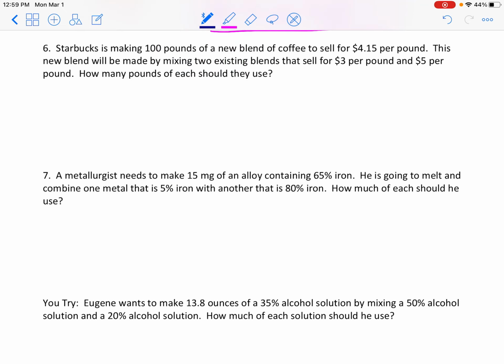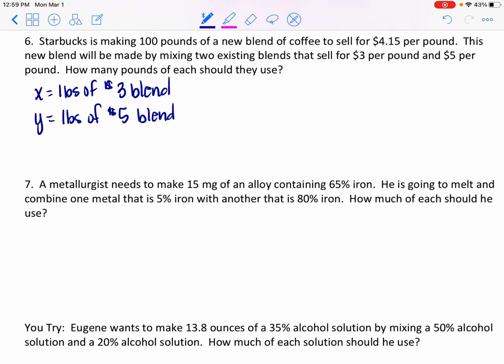I don't know. So let's say x is the amount of the $3 per pound, so this is pounds of the $3 blend. And then let's call y pounds of $5 blend. I don't know how much of the $3 blend. I don't know how much of the $5 blend. Those are my two variables, okay?